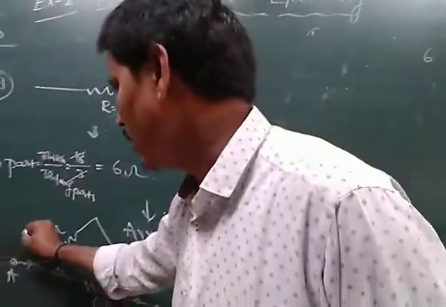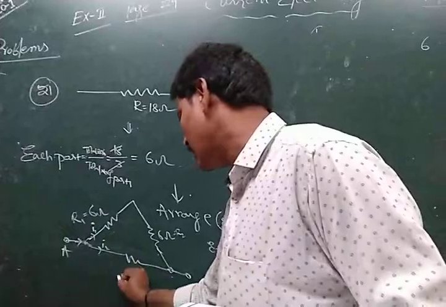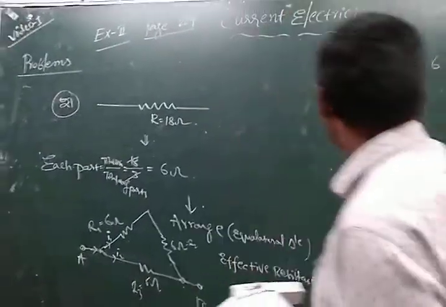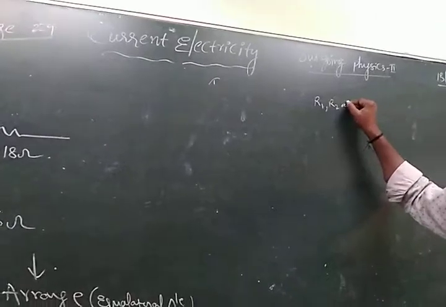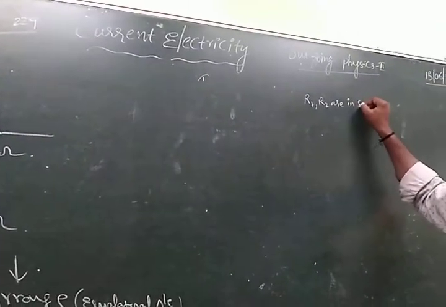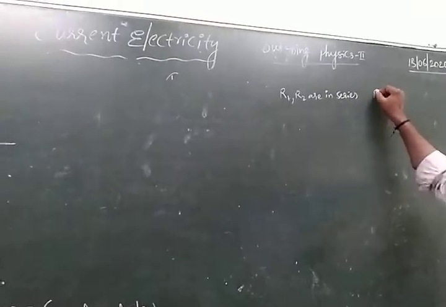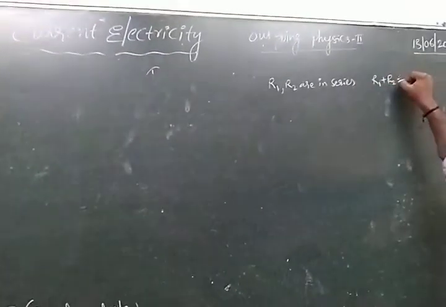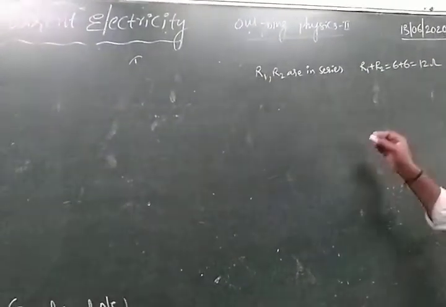This is R1, this is R2, next R3. R1 and R2 are in series, so R1 plus R2 equals 6 plus 6, that is 12 ohms.